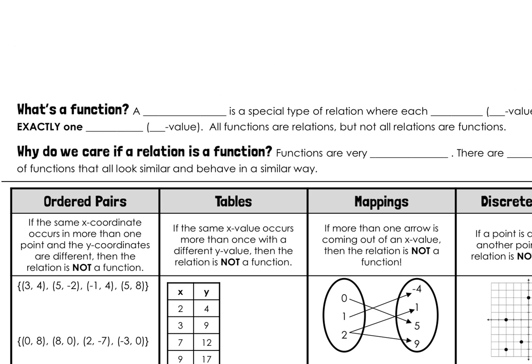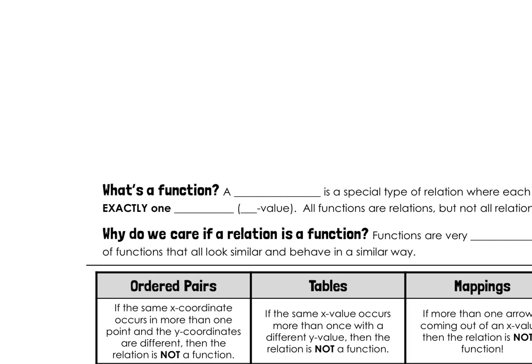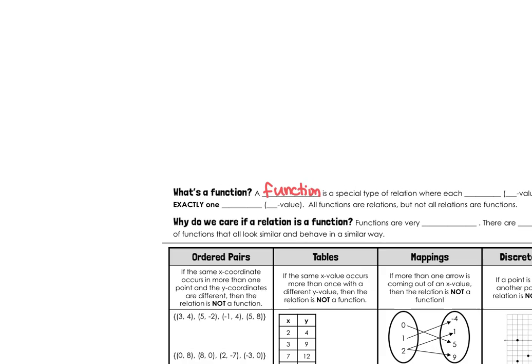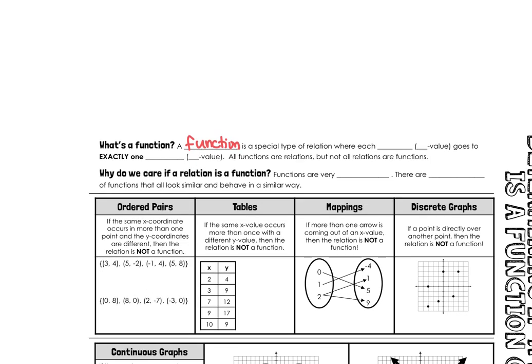What is a function? Filling in the vocab at the top. A function is a special type of relation where each input, and that word input are our x values.